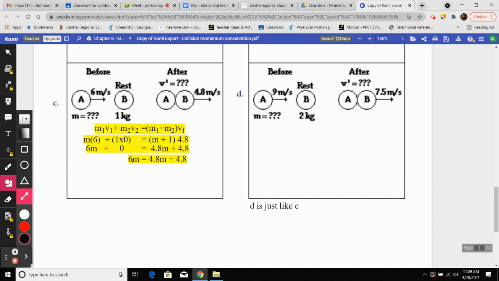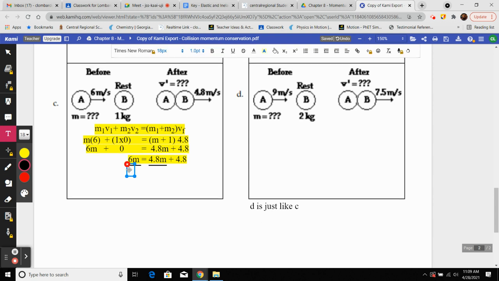Since we have 6m and 4.8m, I'm going to get rid of the 4.8m. So I'm going to divide over here. You don't need to put this, but I'm doing it again so you see the work. Divide by 4.8m. Nope, not divide, subtract.